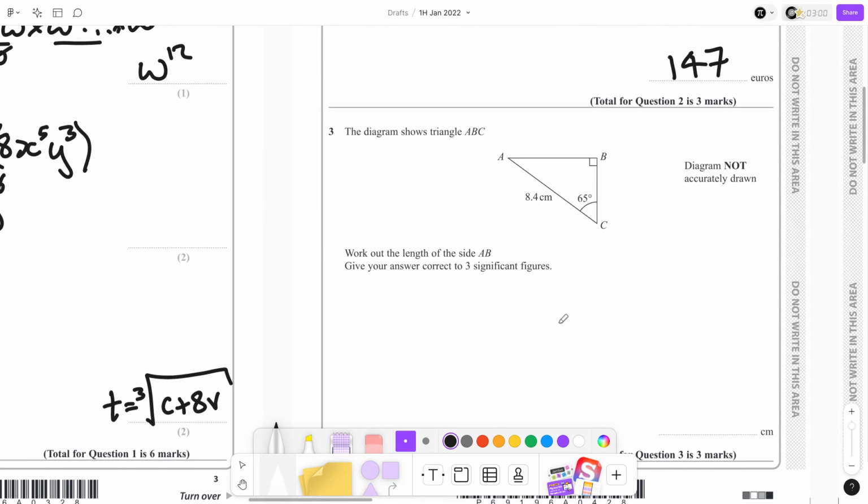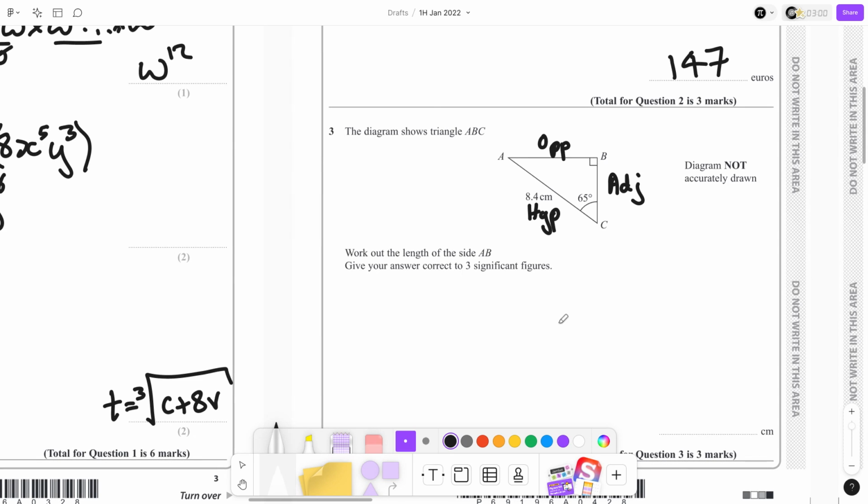Okay, here's the triangle. Got a bit of trigonometry. We need to know which lengths we're dealing with. So first one is, this is the hypotenuse, the longest length. Then we've got the angle, and opposite the angle is the opposite. This one is the adjacent.